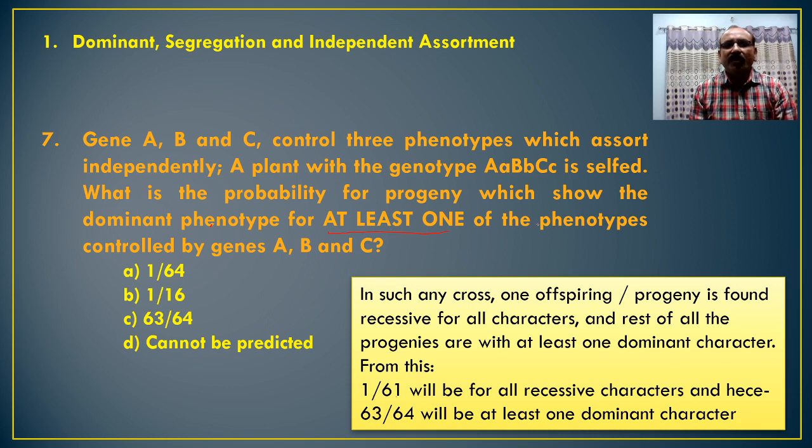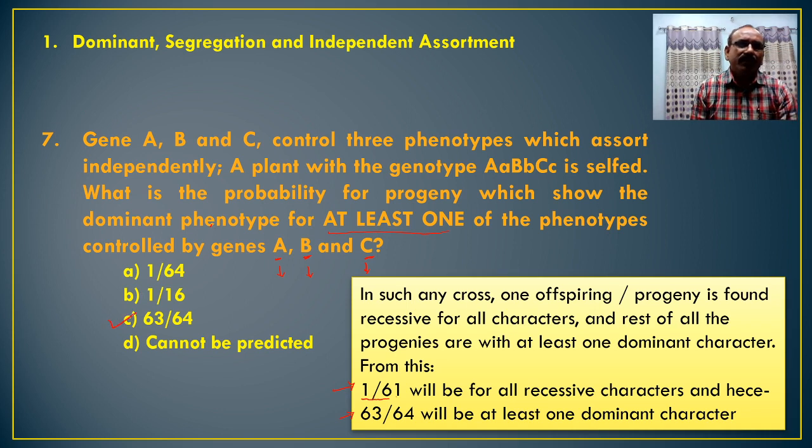At least one phenotype controlled by capital A, capital B and capital C means except this one, the remaining all must contain either capital A, capital B or capital C. Hence the remaining, after leaving this 1 by 64, will be 63 by 64, and this will be the answer.